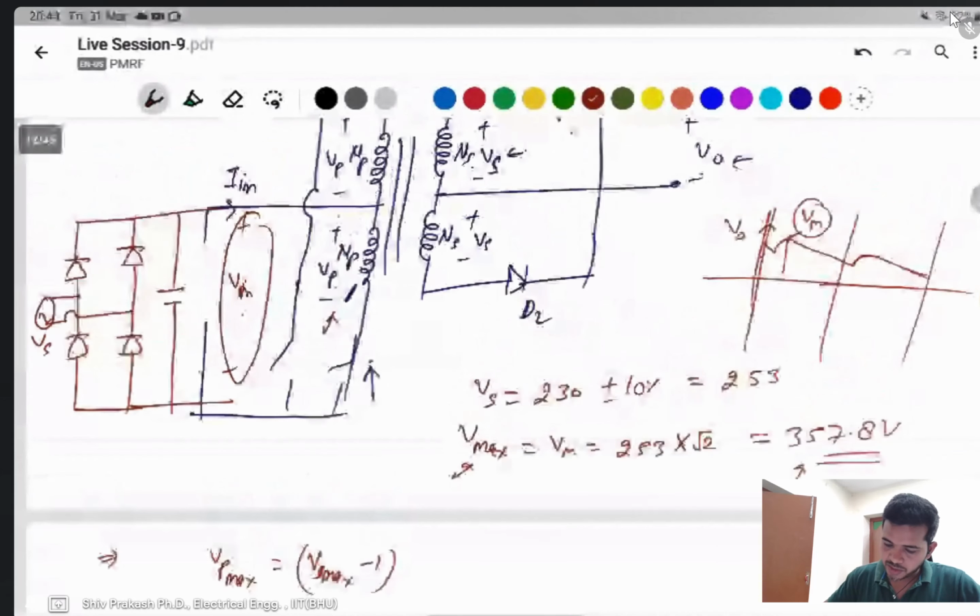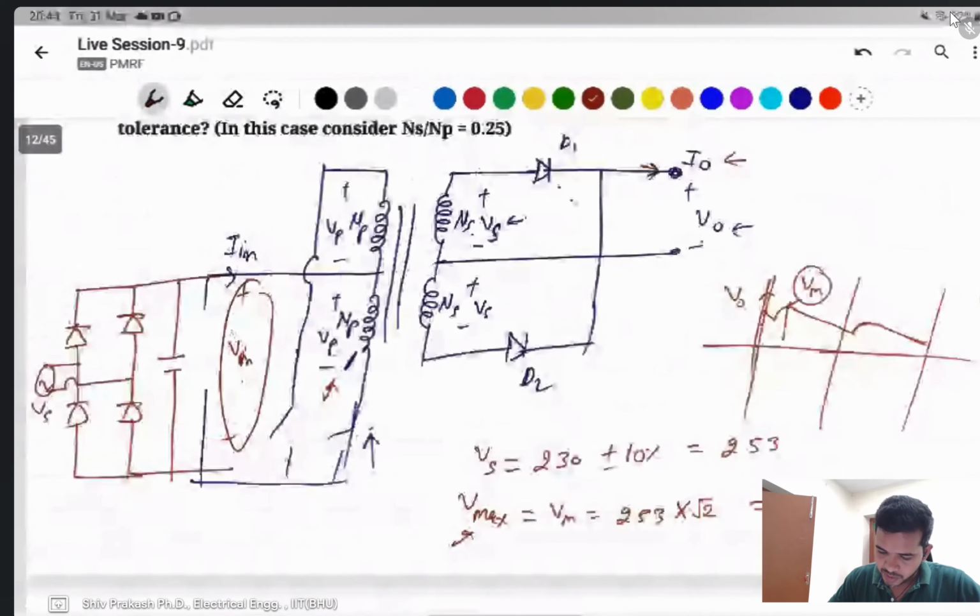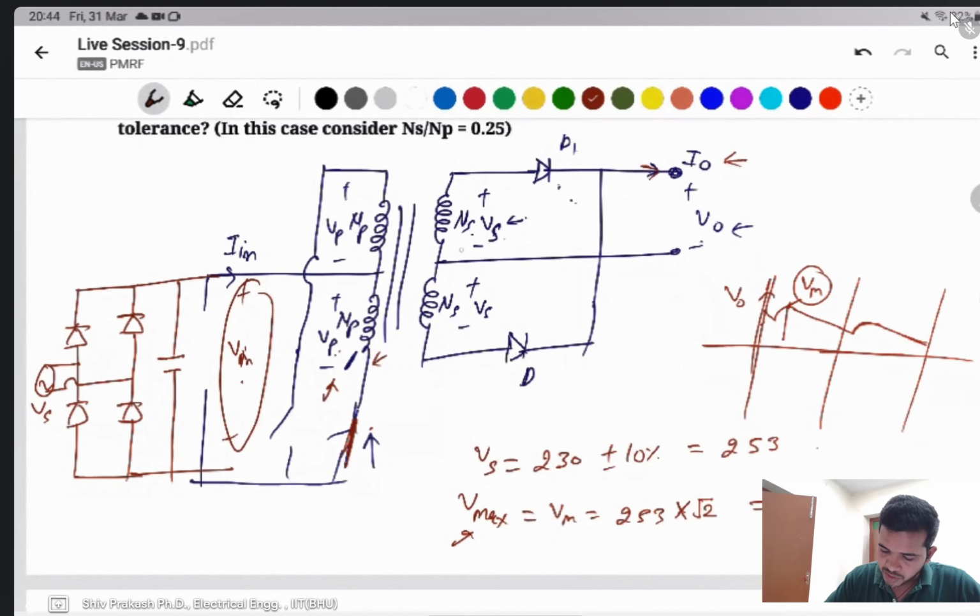And what will be the inverse voltage that occurs at the diode? Take it as switch 1 is on and the other switch is on, then this voltage VP occurs here. After that this one is VS, this one also VS, and at this time D2 will be off. Then what will be the voltage of this one, VD?